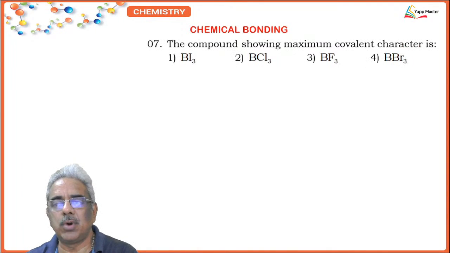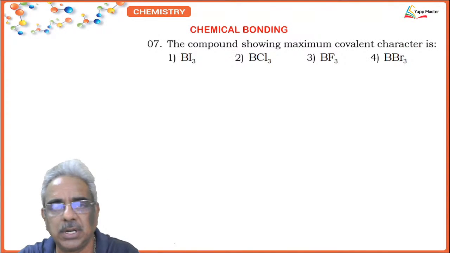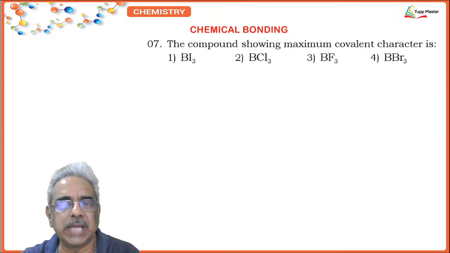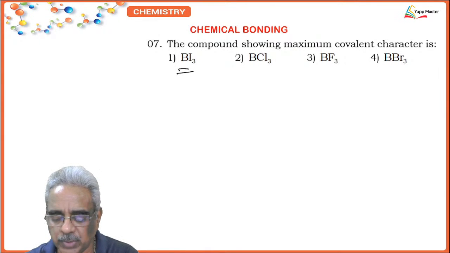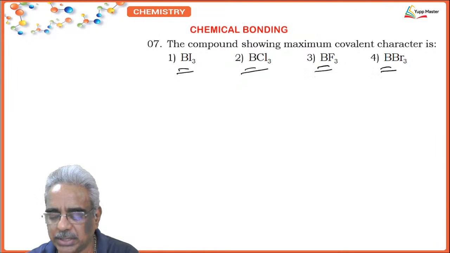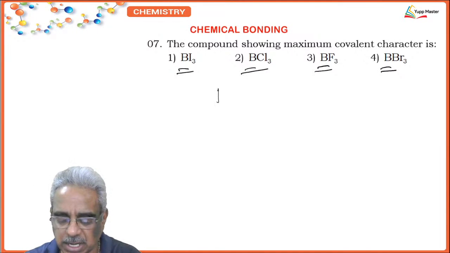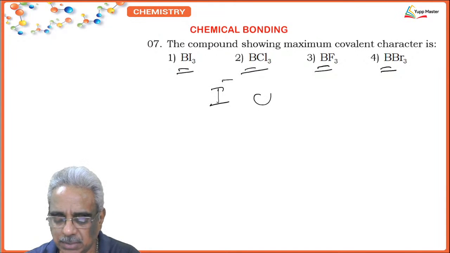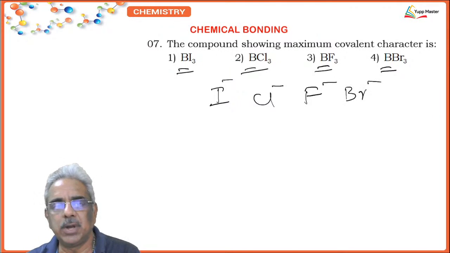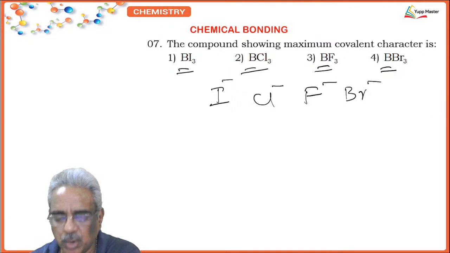So this is now about anions. In this particular question, he fixed the cation. So boron, boron, boron, boron. In all the 4 cases, boron only. In the anion case, it changed. I minus, Cl minus, F minus, Br minus. They belong to the halogen group: fluorine, chlorine, bromine, iodine.